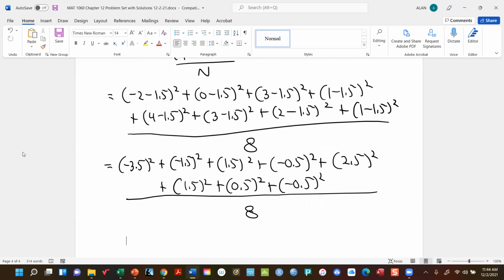Okay, so if you evaluate the values inside the parentheses first, this is what you'll get.